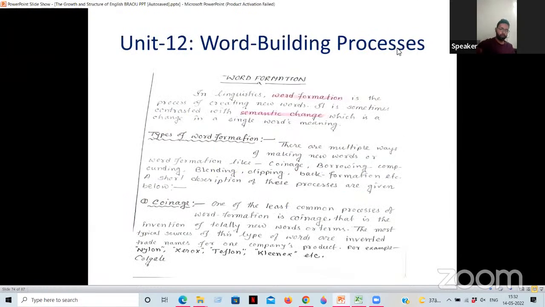So let's move on to the next unit, that is word building process. I didn't write it because I had some written notes, so I have pasted it here. In this unit, we will talk about how we form new words. We have already talked about the vocabulary of the English language.